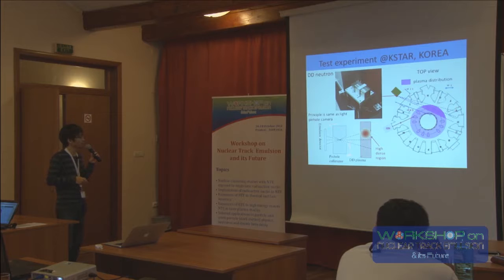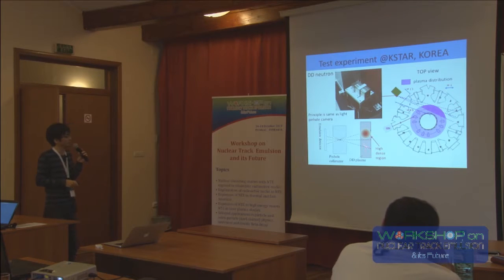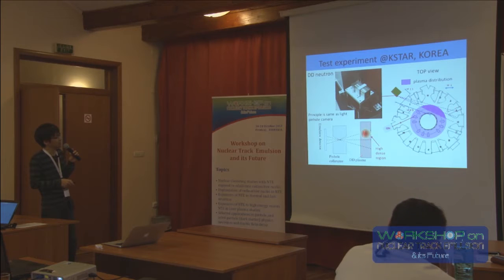This pinhole collimator was made of tungsten, and this is the DT plasma distribution. If here is a high density region, neutrons are produced in this region, and neutrons are exposed to this area.